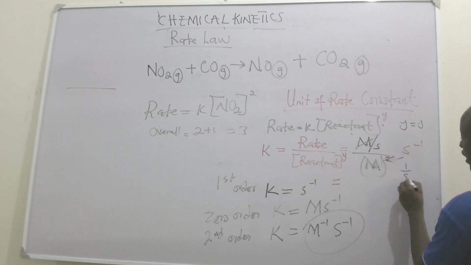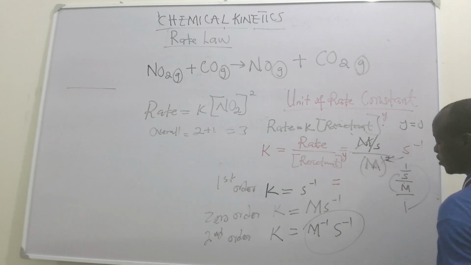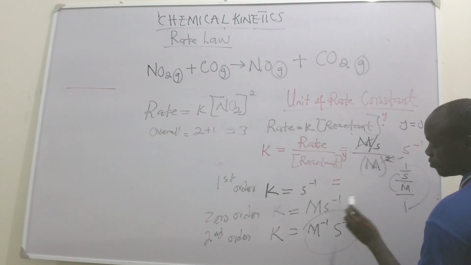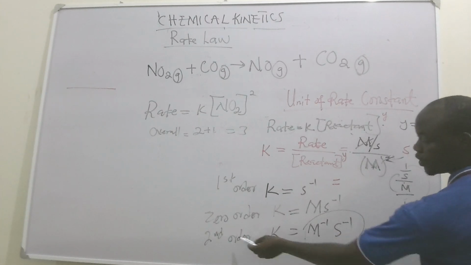This one is 1 over s, and of course we have M here over 1. This one will now cancel this. So we are now going to have per molar per second, and that is for the second order reaction.